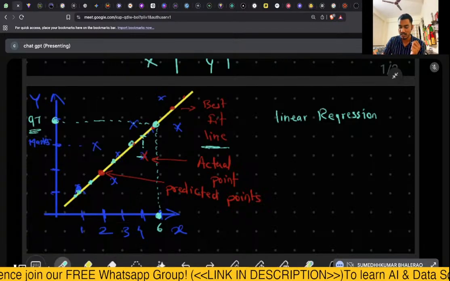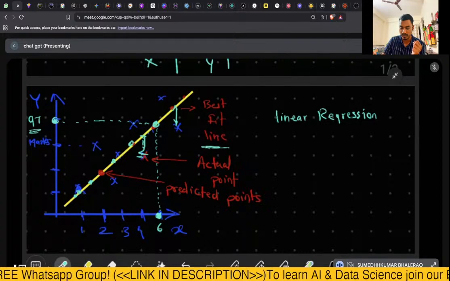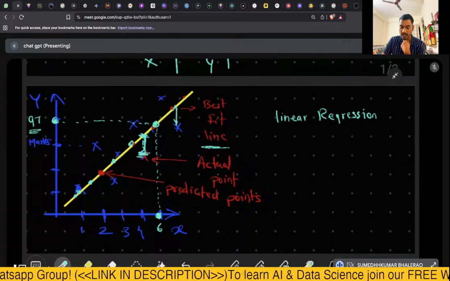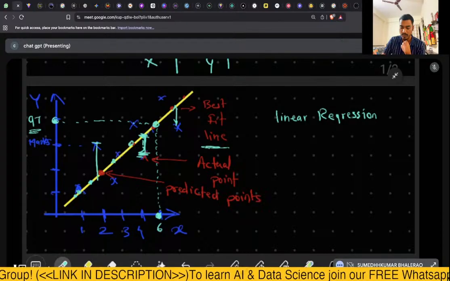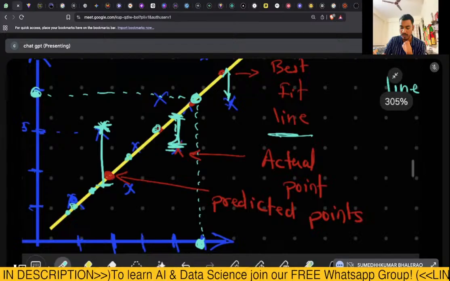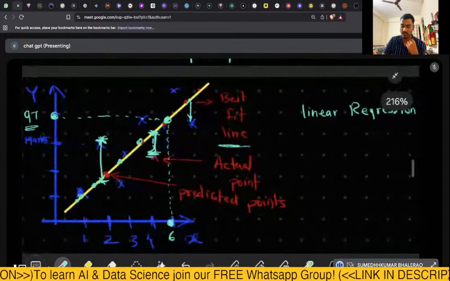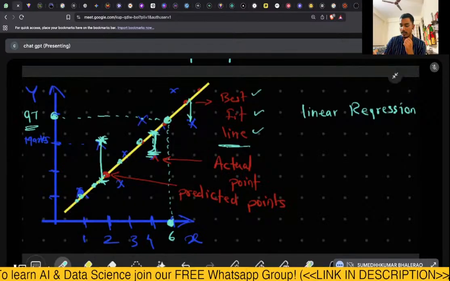If the distance between actual points and predicted points is very less, then the line is called the best fit line. Okay, let me write this.